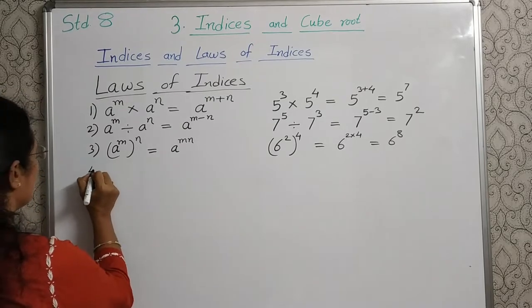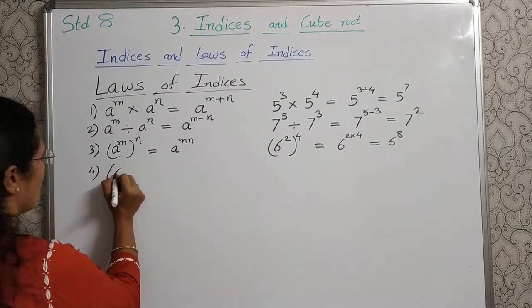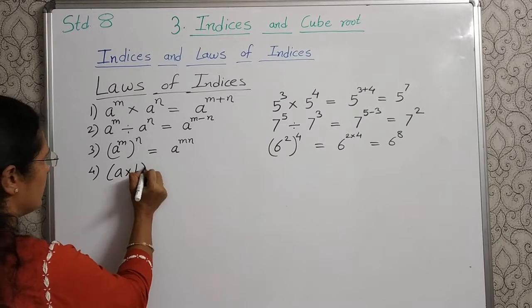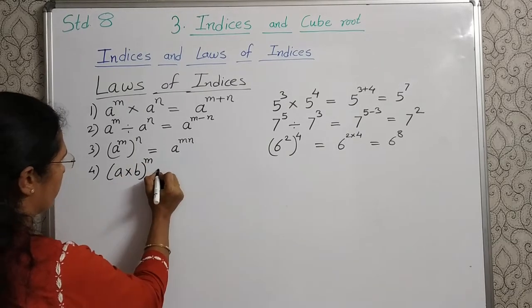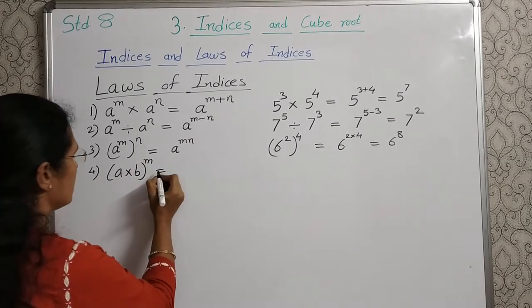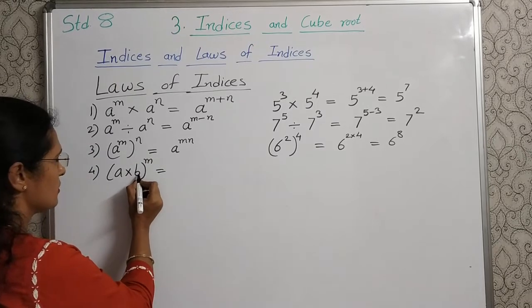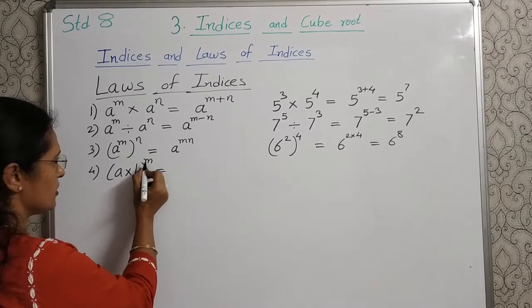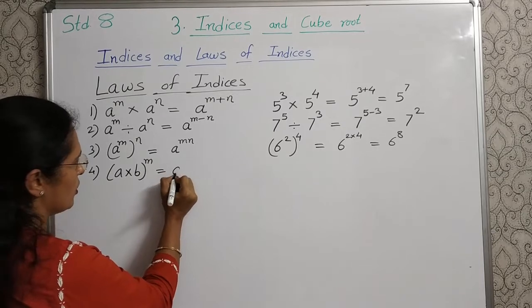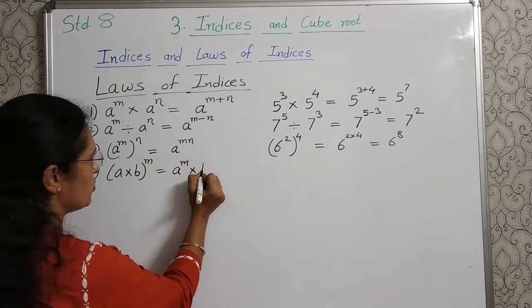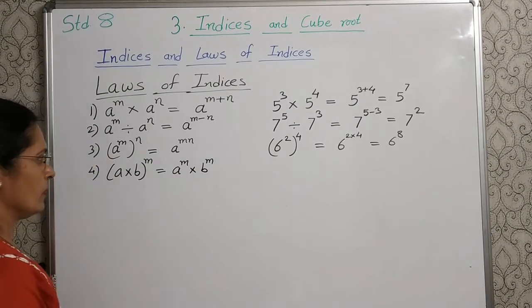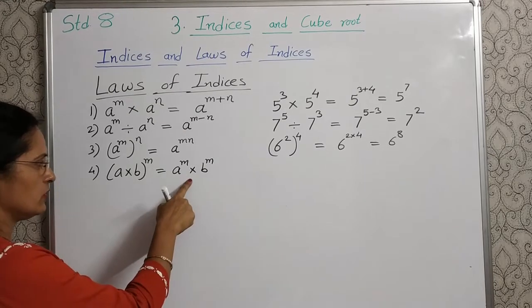Next, fourth law. A into b raised to m. Now here we separate these bases, and with each base we write this index m. So a raised to m into b raised to m. So this is the next law.